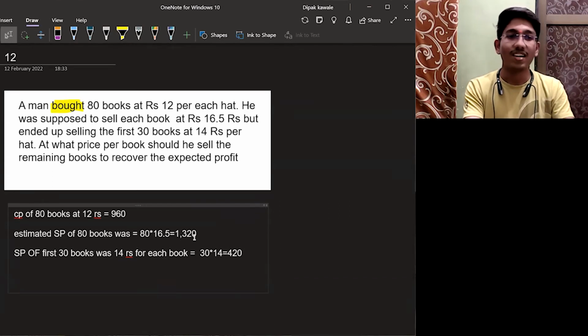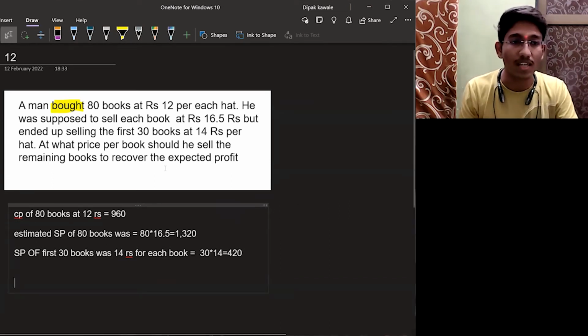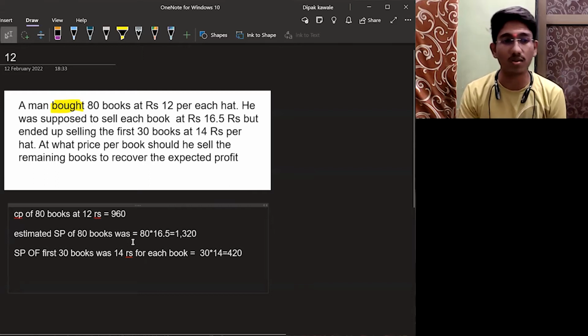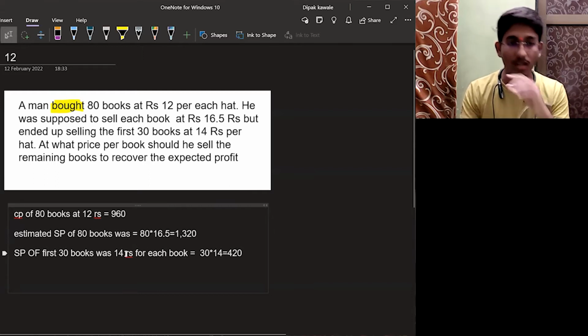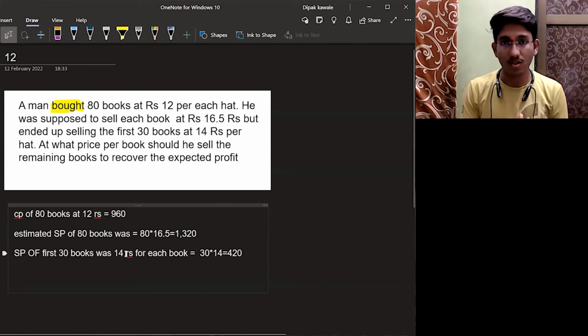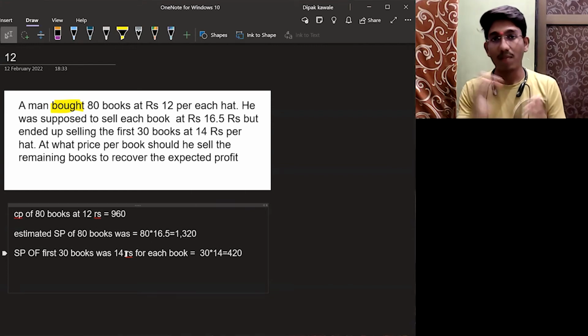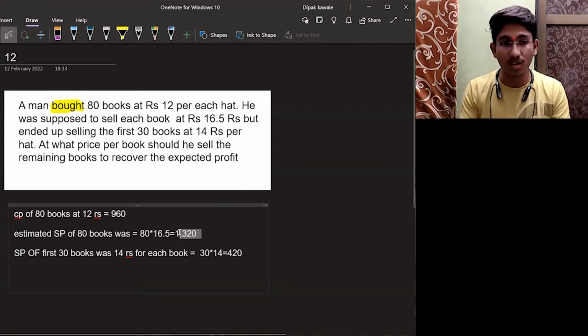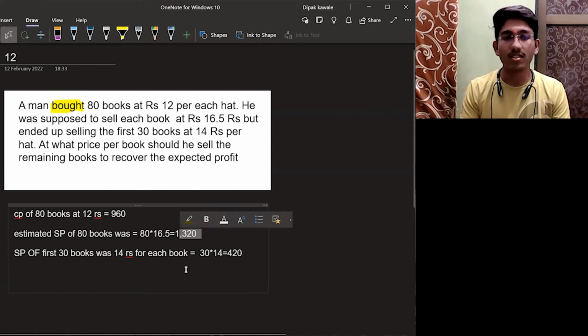Now what are they saying? At what price per book should he sell the remaining books to recover the expected profit? Correct. I sold at this much loss, so how much should I increase the price so that my estimated price is recovered? So simple.